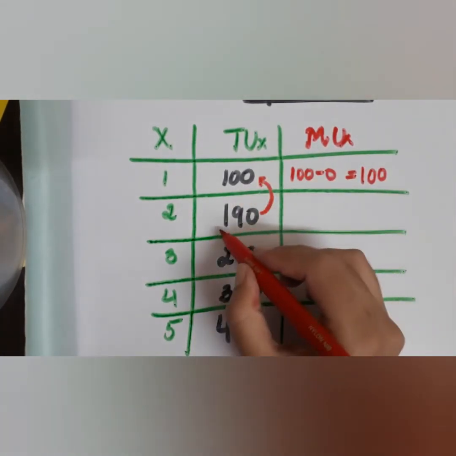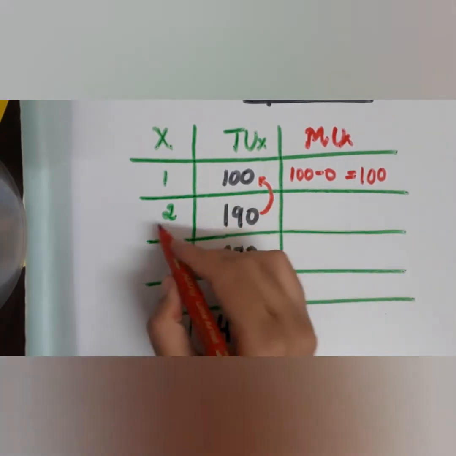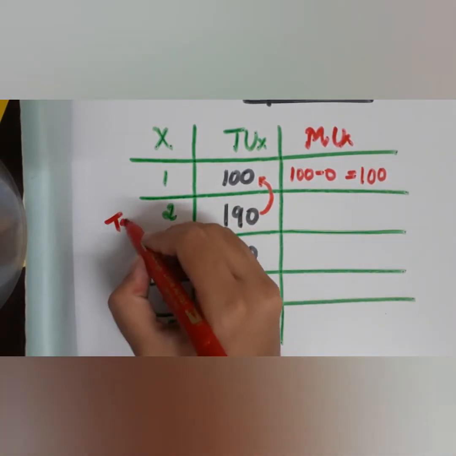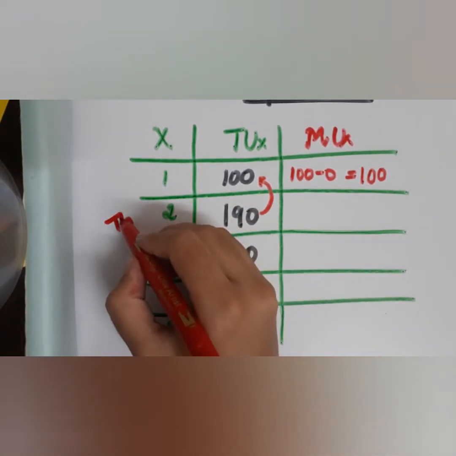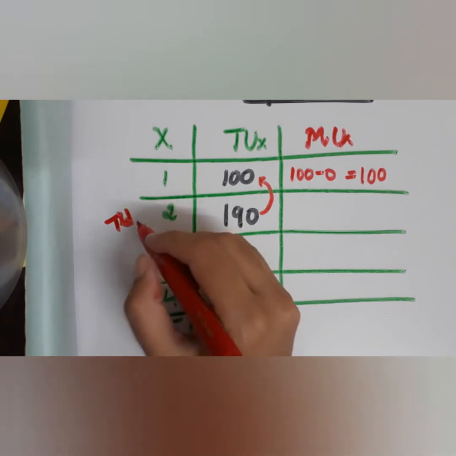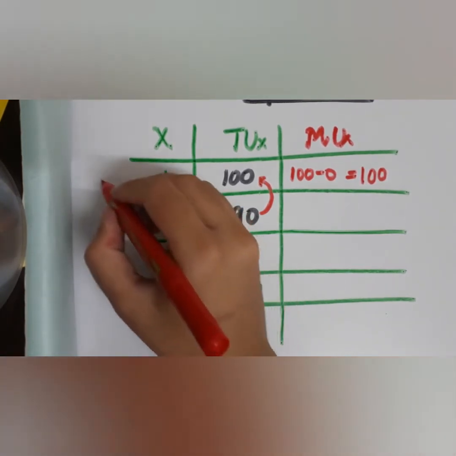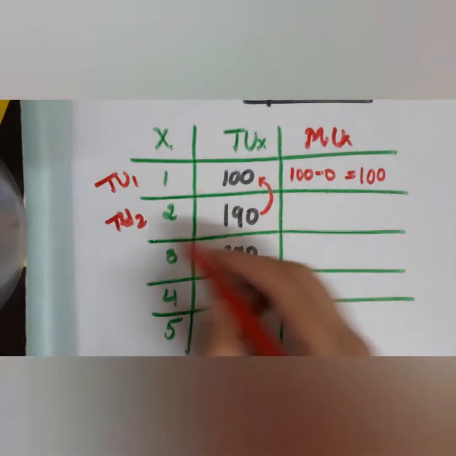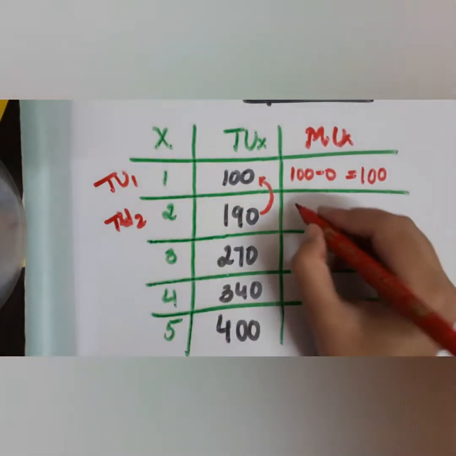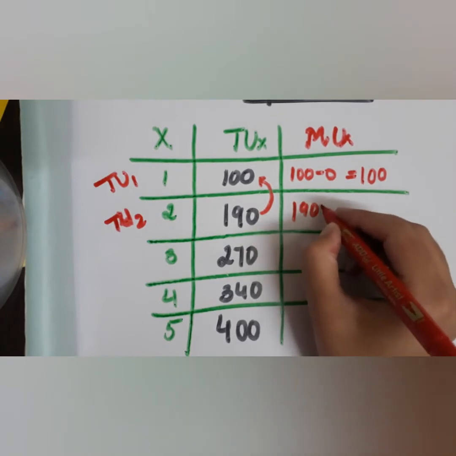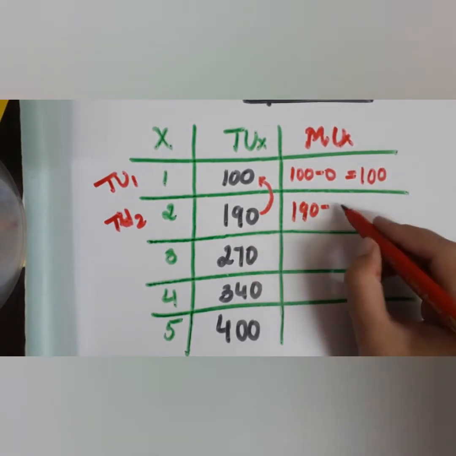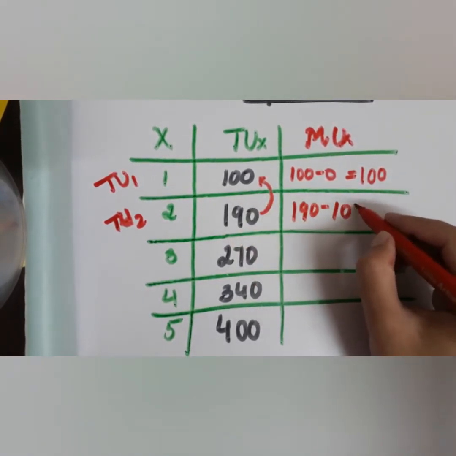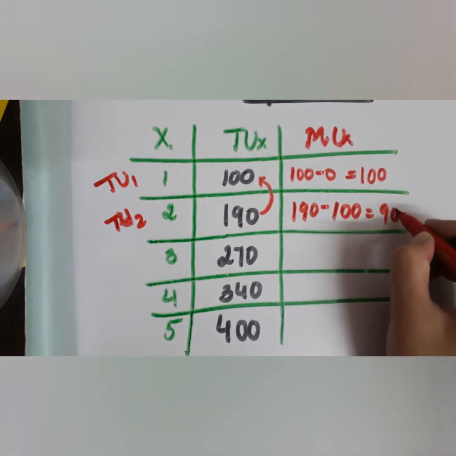I'll be subtracting from TU, total utility 2 from total utility 1, that is 190 minus 100, and I'm getting 90.